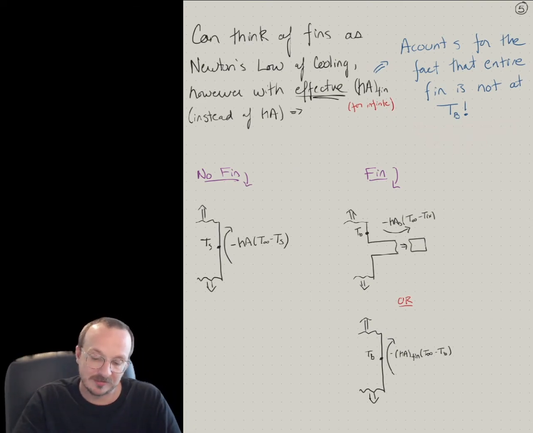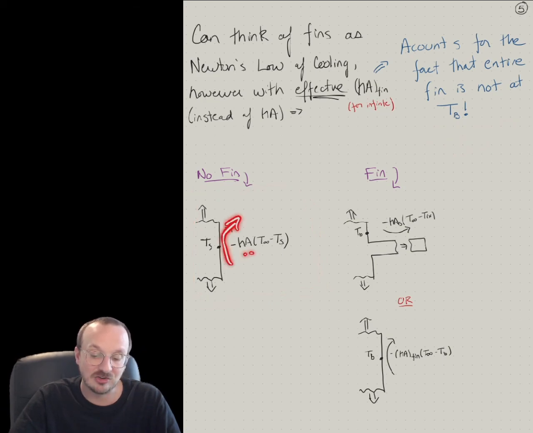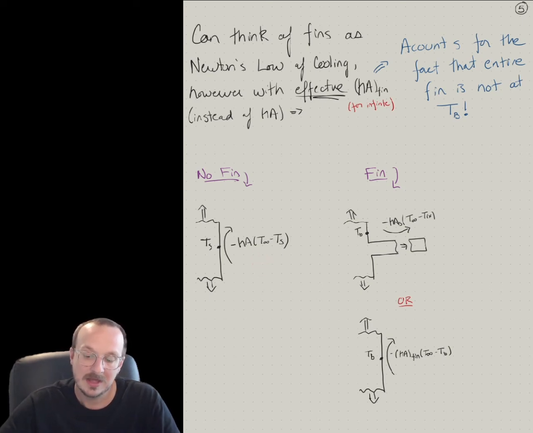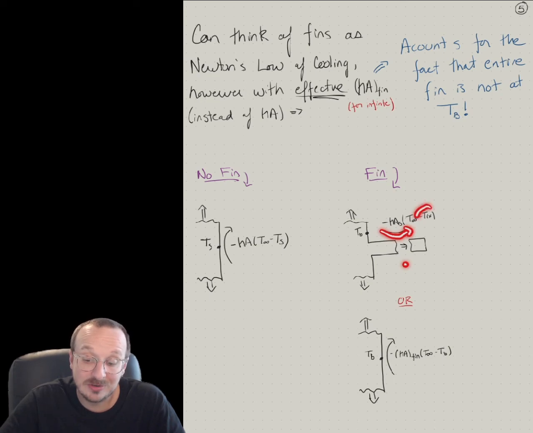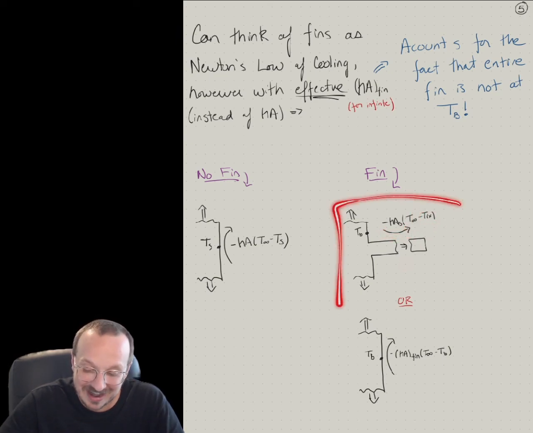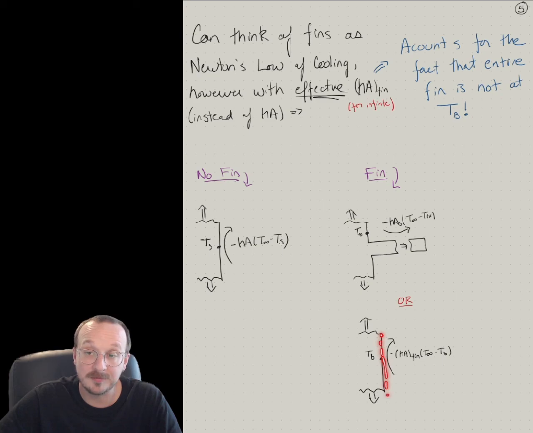To visualize this, if you had no fin, then the surface would cool by negative hA (T surface minus T infinity), Newton's law of cooling. Now you have a fin, it cools by the same thing, but you need to know the temperature profile for the surface temperature. So another way to write this exact same problem is just to pretend that there's no fin.